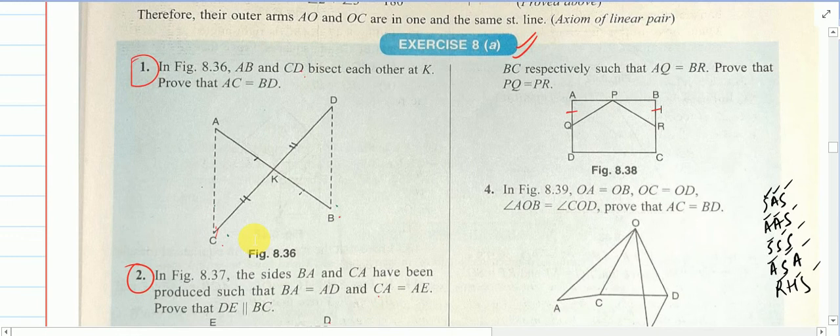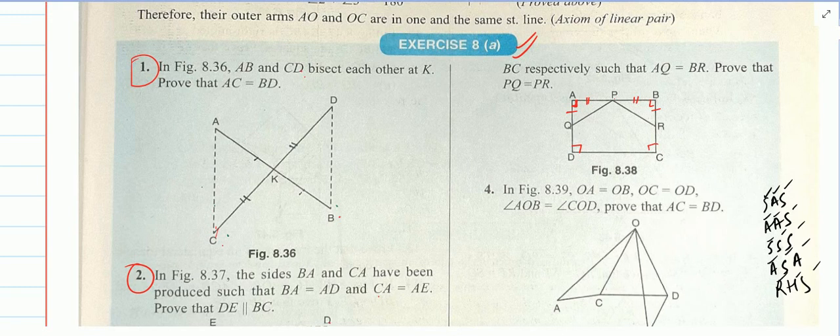So P is the midpoint of AB, that means AP will be equal to PB. Yes, same distance. And since ABCD is a rectangle, these angles are going to be 90 degrees. So this is 90, this is 90. Okay.